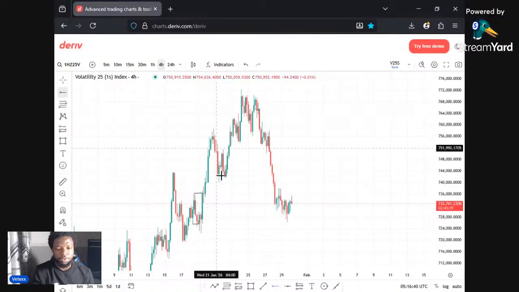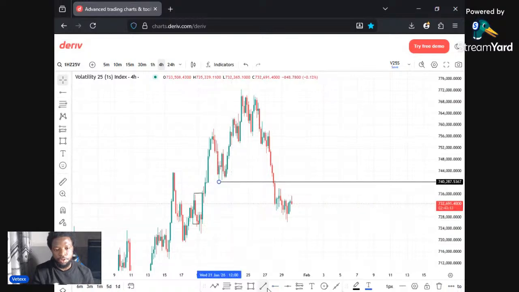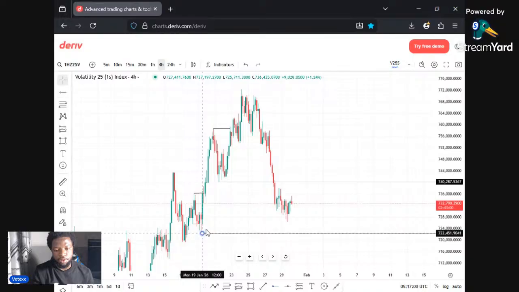That price retraced 50% to give us our structural liquidity, which is rule number 3. Then we have a second break of structure here. This becomes our protected low. Then the whole of this zone is our point of interest.